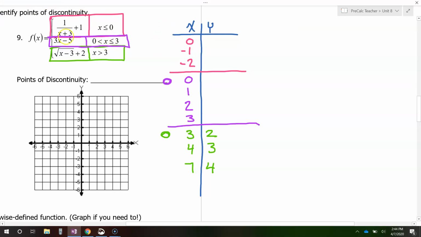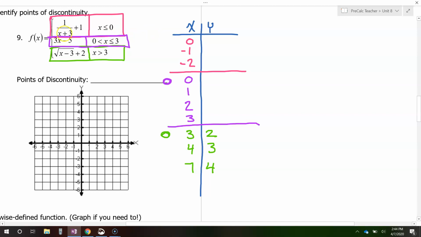If I put in 0 right here, okay, so that's just going to be 1/3 plus 1. All right, so this is going to be decimals and stuff anyway, so there's really no way to avoid it.